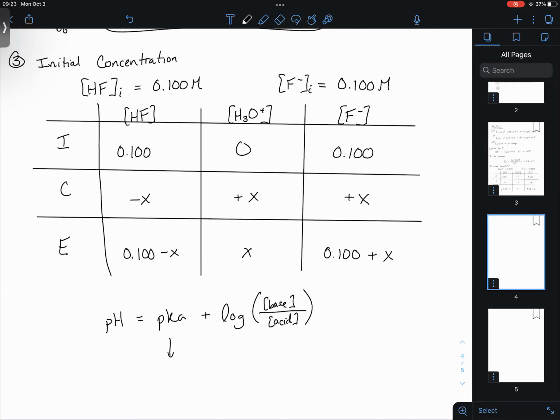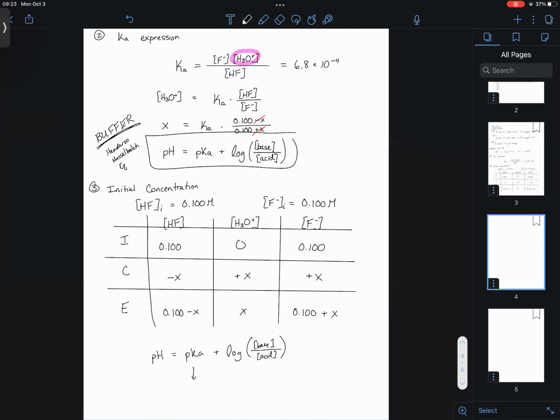For this particular reaction, we said that the Ka was 6.8 times 10 to the negative 4. So everybody take a second and tell me what the pKa of this reaction is. Let's use the chat. What do we get?